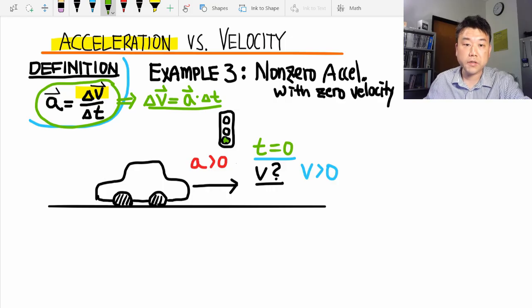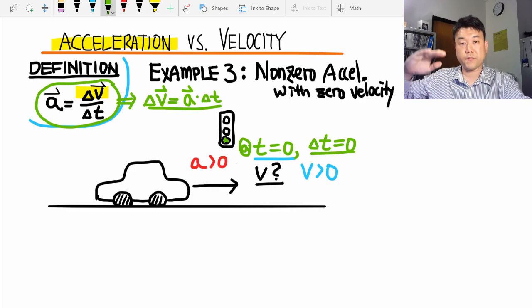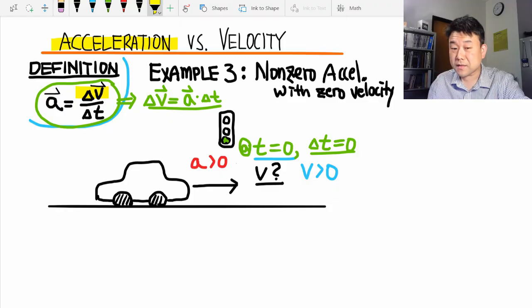So before time equals zero, your acceleration was zero. So no matter how long you wait, change in velocity would have been zero. Now at time equals zero, the duration of time over which acceleration was non-zero has been zero. That's the exact moment at which acceleration flipped from being zero to non-zero. So what that means is there hasn't been enough time for the velocity to have changed.